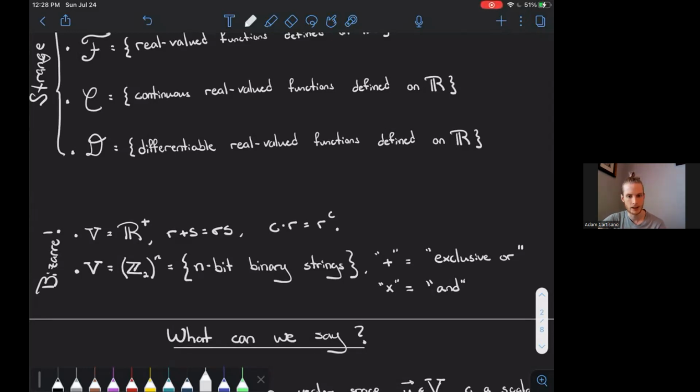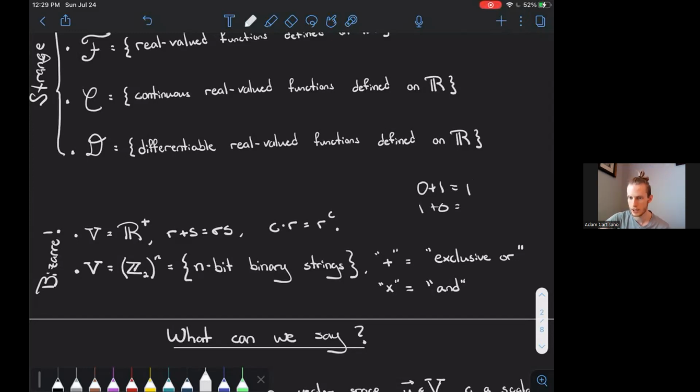When you add two of those things together, addition is going to be defined as the exclusive OR. So in other words, 0 plus 0, which is like false plus false, will return false. If A is false and B is false, then A exclusive OR B is false. 0 plus 1 is false plus true. That'll be equal to 1. 1 plus 0 is like true plus false.